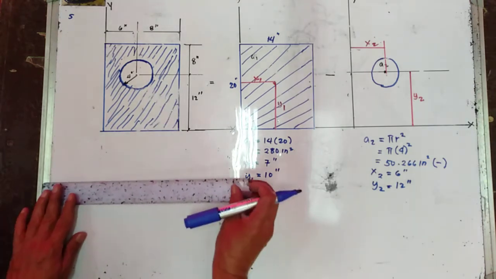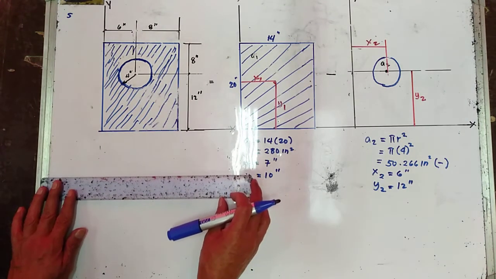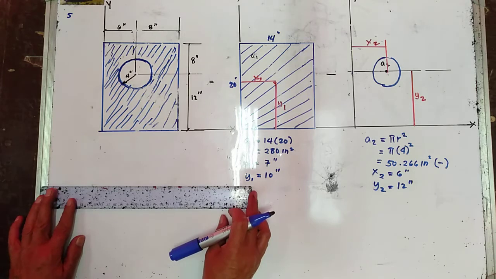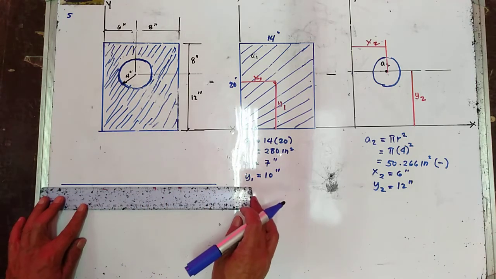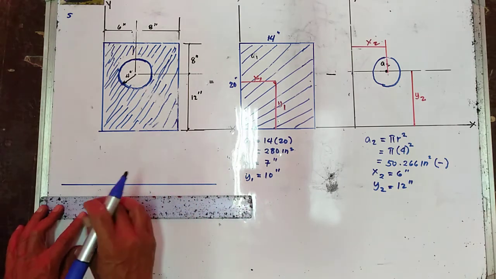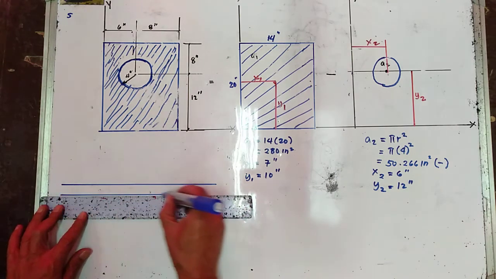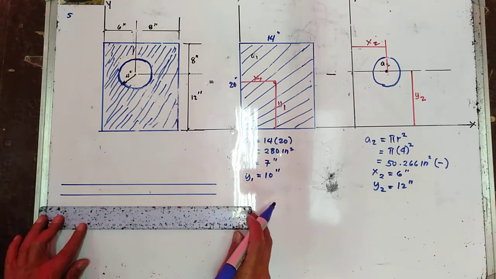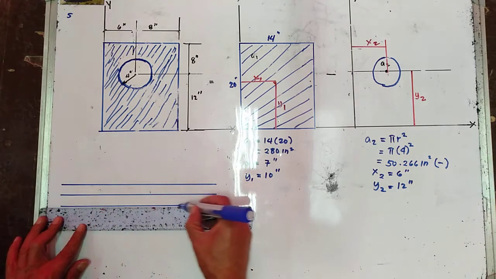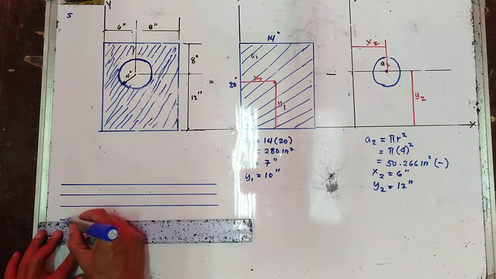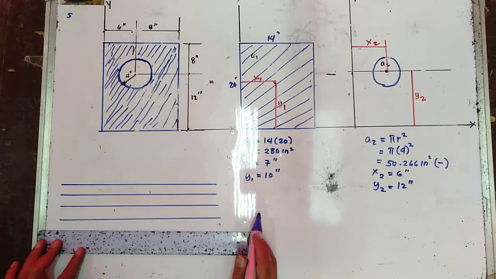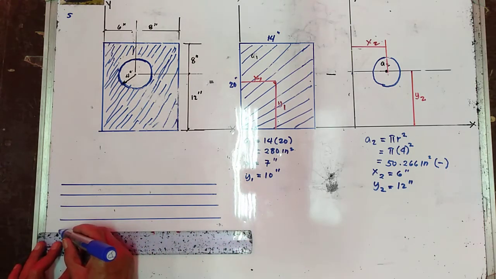Again, let us try to tabulate now the values, or the result. So we have area 1, and then we now have your area 2, and this one is now the summation.